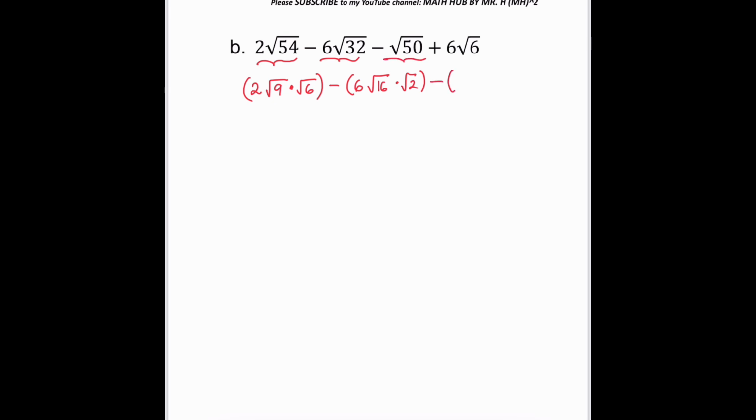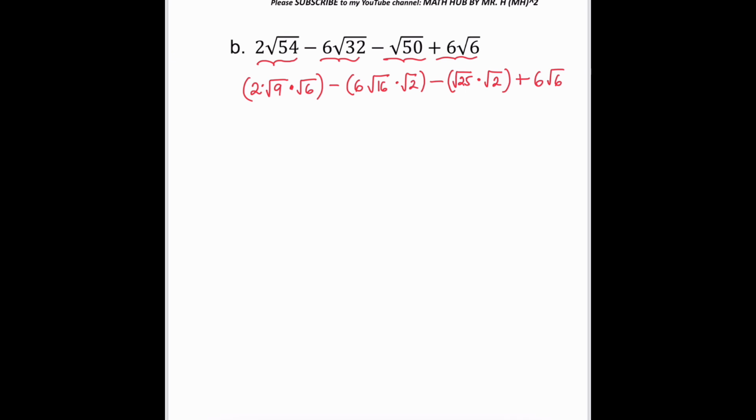And square root of 50 can be rewritten into square root of 25 times square root of 2. For the last term, it's already simplified. Just copy it.